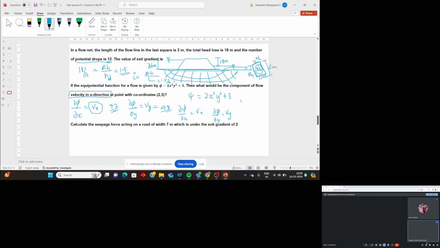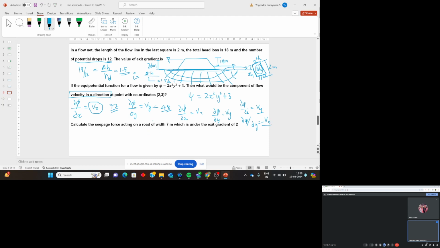In case of psi, dou psi by dou x equals Vy, and dou psi by dou y equals minus Vx. Okay, so you have to remember this.